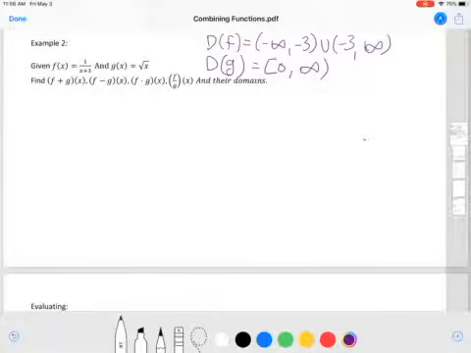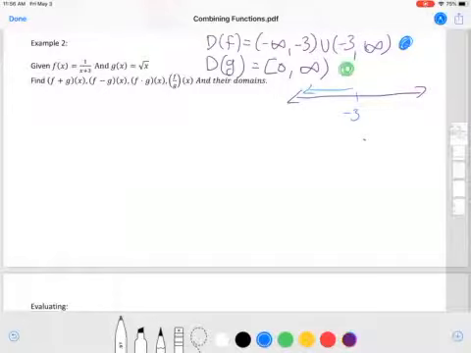So where they overlap, if I look at this on my number line, let's do the domain of f in blue, and let's do the domain of g in green. So the domain of f is everything except for negative 3, so that will be an open circle. So anything except for negative 3.